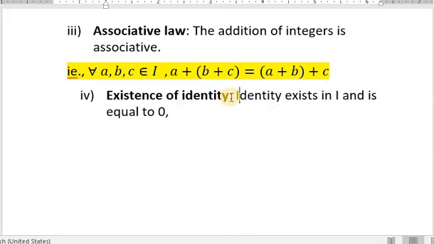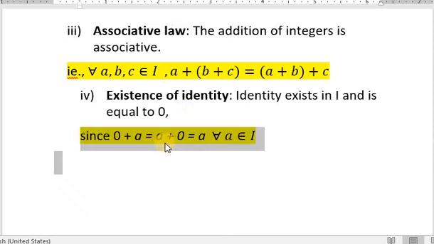So the identity exists in I and is equal to 0. 0 is the additive identity. Now see, associative law satisfied, closure law satisfied, identity is also present. Symbolically, we can represent the existence of identity as 0 plus a is equal to a plus 0 is equal to a for all a belonging to I.